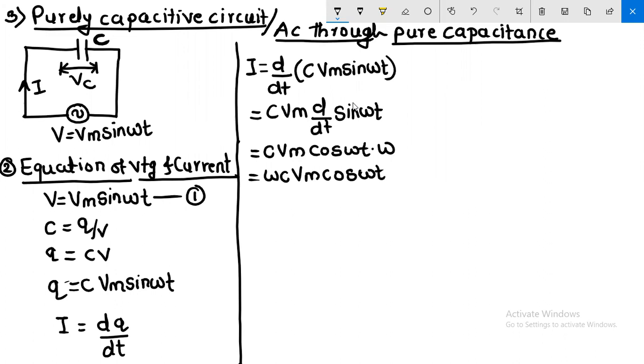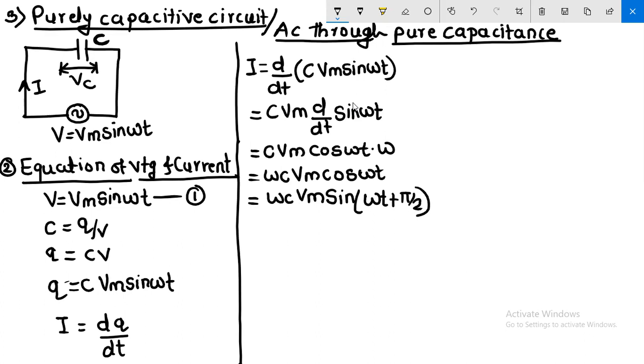But what is the value of sine of pi by 2 plus theta? That is nothing but cos theta. So I write this as omega C Vm, and instead of cos omega t, I write sine of omega t plus pi by 2.